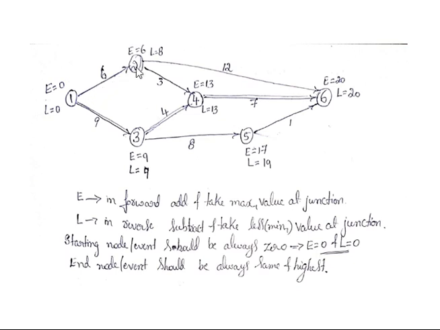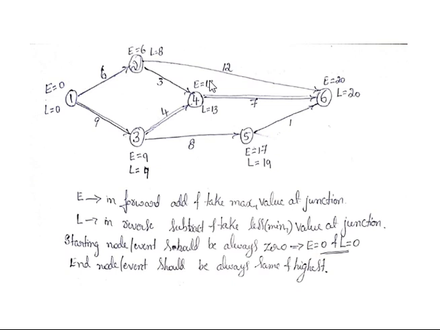So the next node's E value is simply 0 plus 6, and here it is 0 plus 9, which becomes 9. Then in this direction, 6 plus 3 means 9, and 9 plus 4 means 13. You have two values here, 9 and 13.